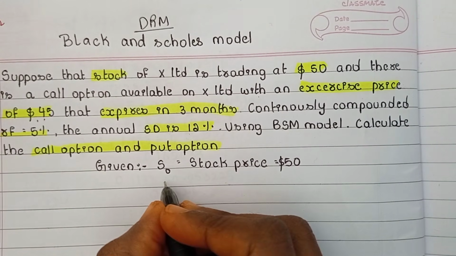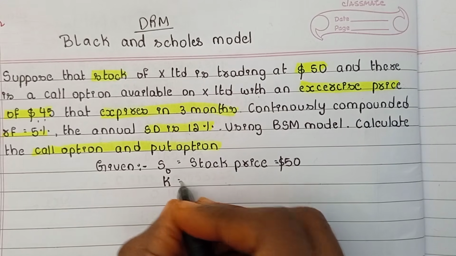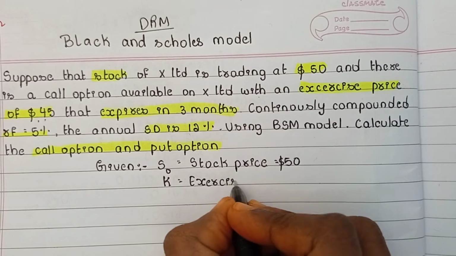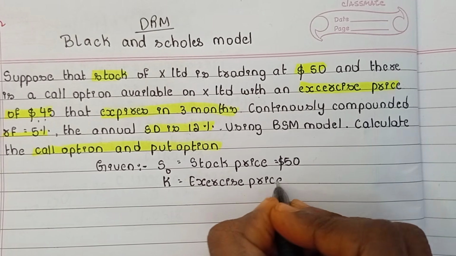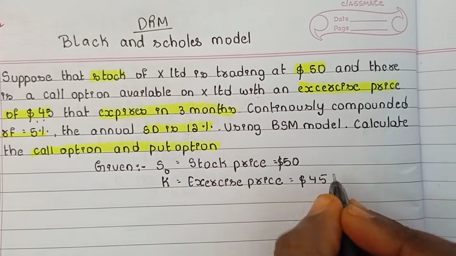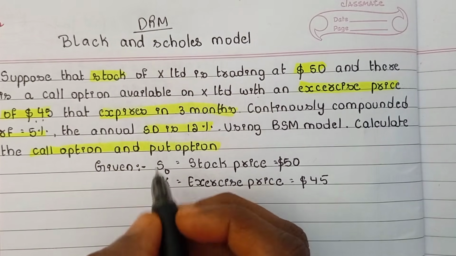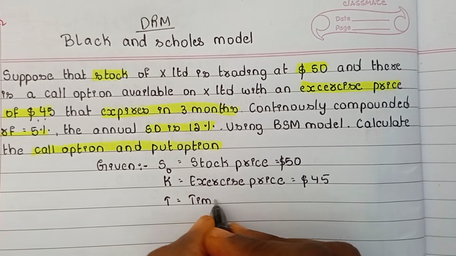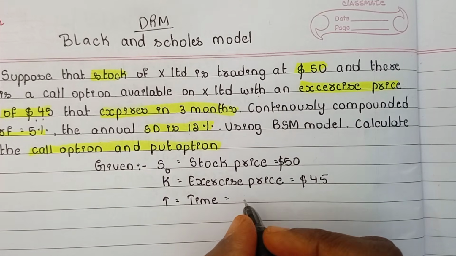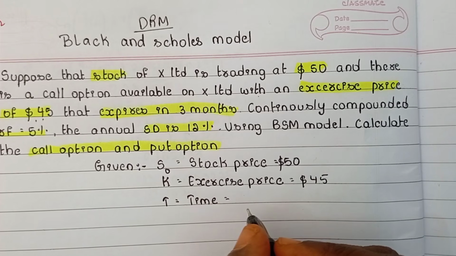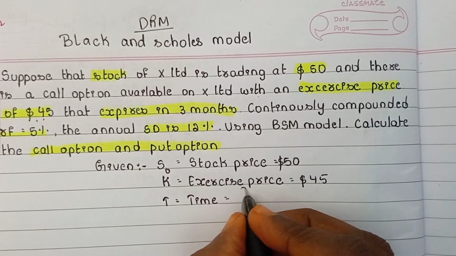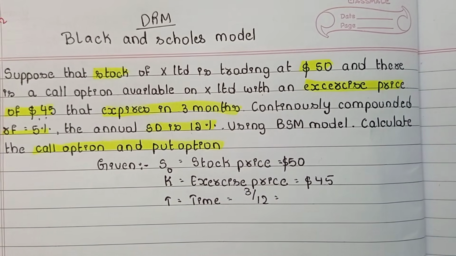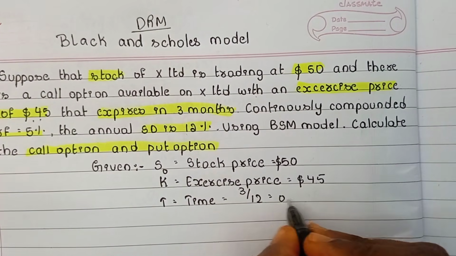I will mark this exercise price as K, so K is equal to $45. It expires in 3 months. I will take it as T, that is time. Time is 3 months. Per year there are 12 months, right? So 3 divided by 12 is 0.25.